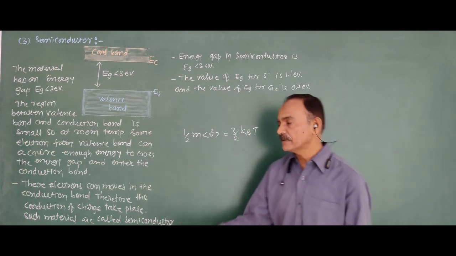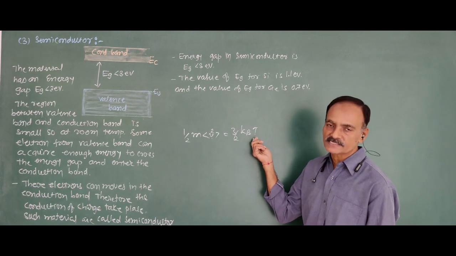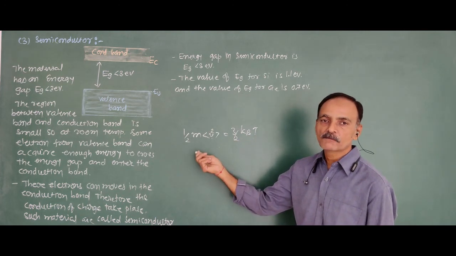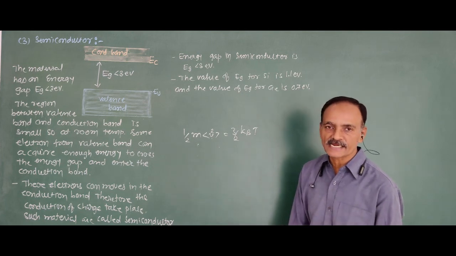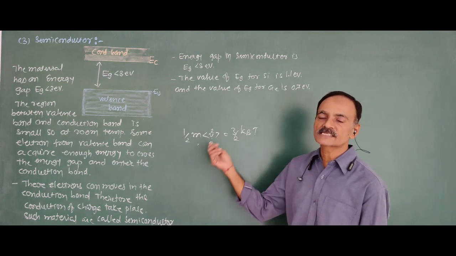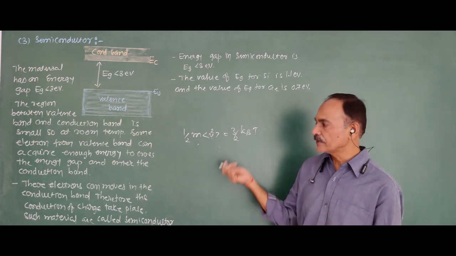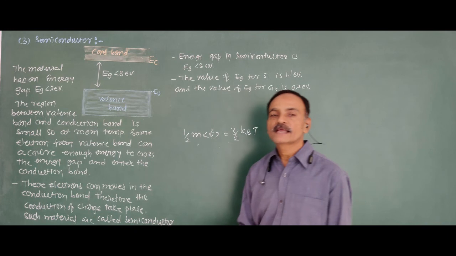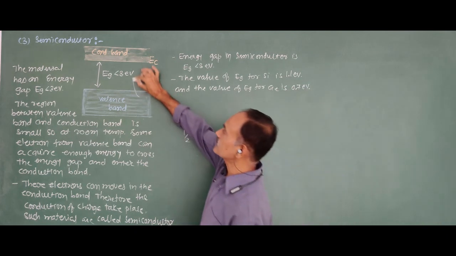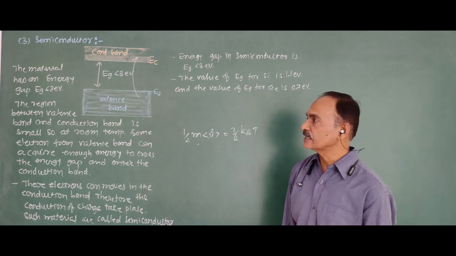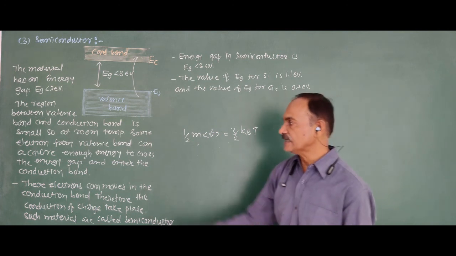But at room temperature, the silicon and germanium atoms possess some vibrational kinetic energy. As a result, some covalent bonds are broken and the electron becomes free, and this free electron gets enough energy to cross the forbidden gap and enter the conduction band at room temperature.